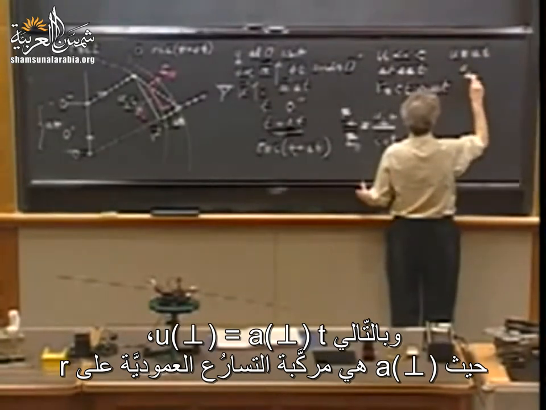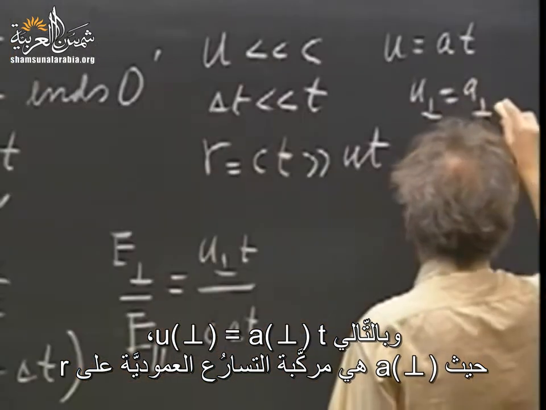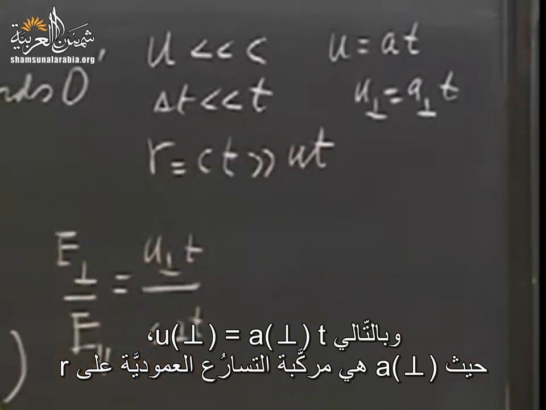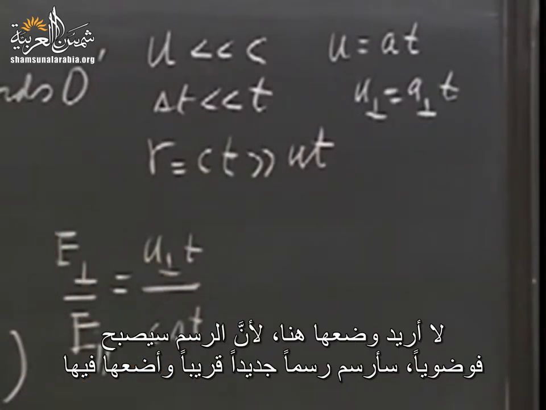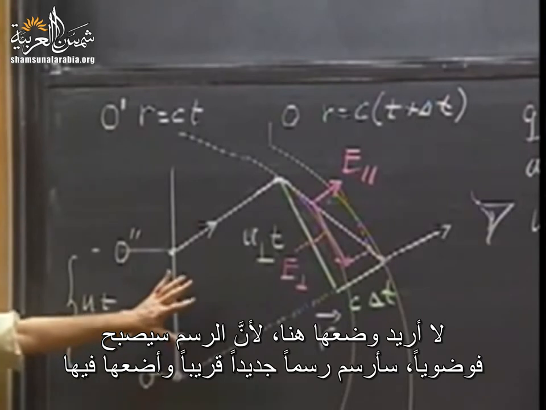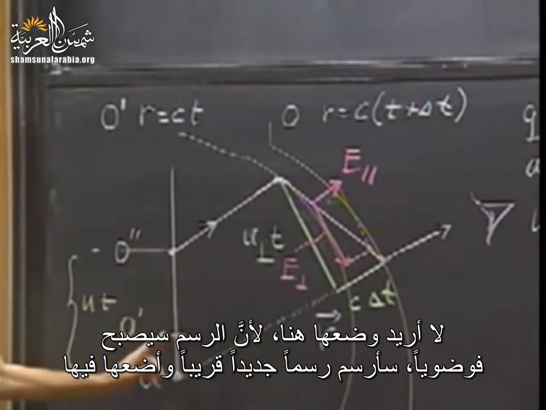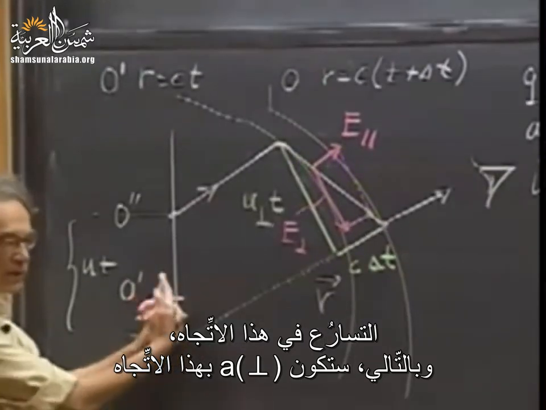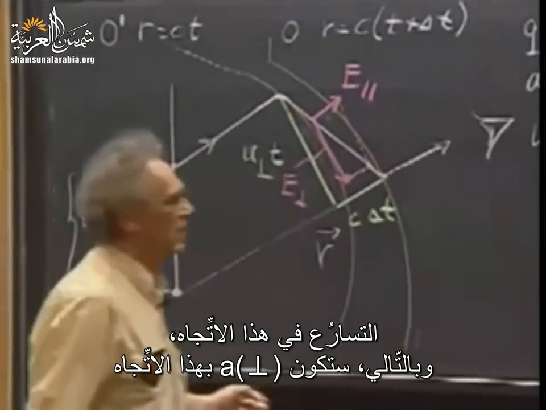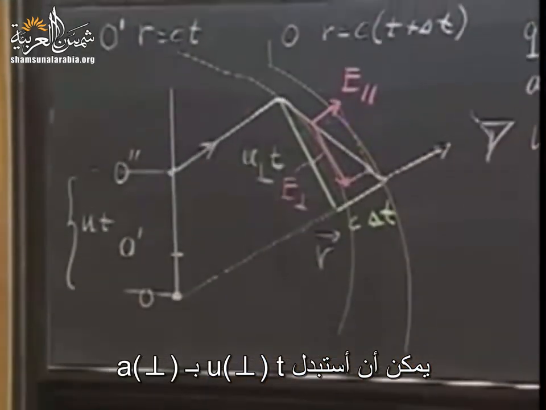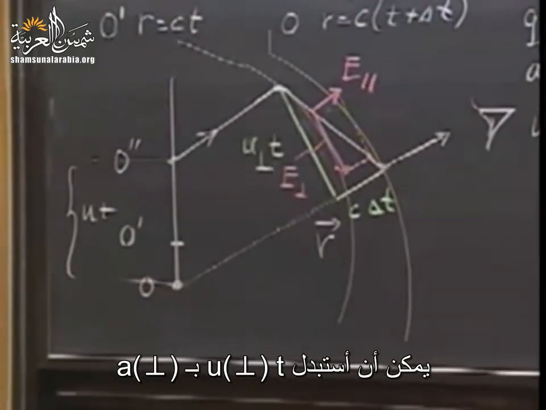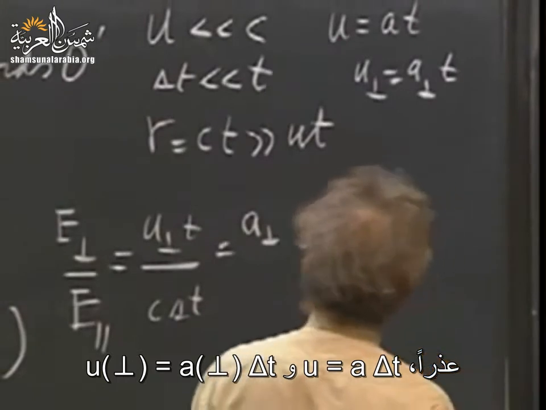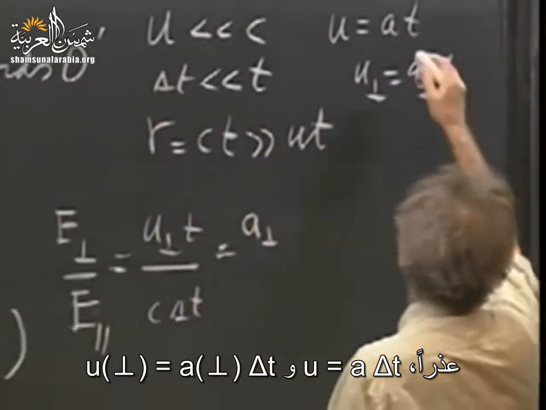So U perpendicular is A perpendicular times T. A perpendicular is now the component of the acceleration perpendicular to R. I don't want to put it in here because it becomes too cluttered, but I will make a new drawing shortly. I'll put the A in there. Acceleration is in this direction, and so A perpendicular is like this. And so I can replace U perpendicular T by A perpendicular. Sorry, this is A perpendicular times delta T.